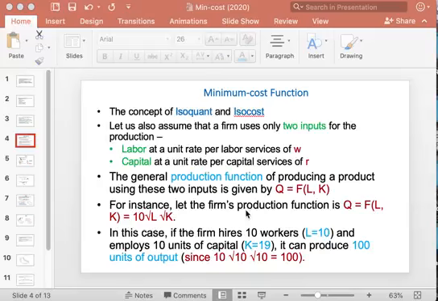But in a specific form, the equation will be something like this.